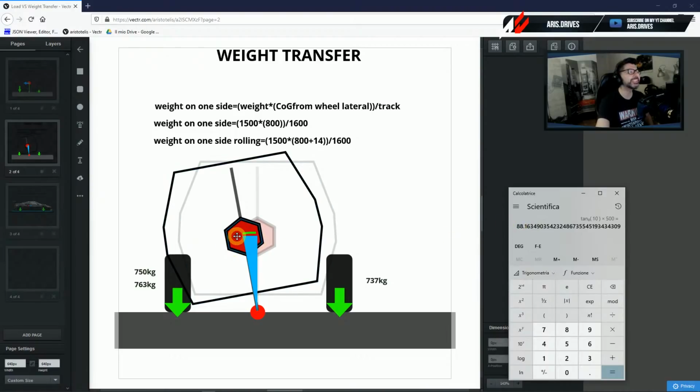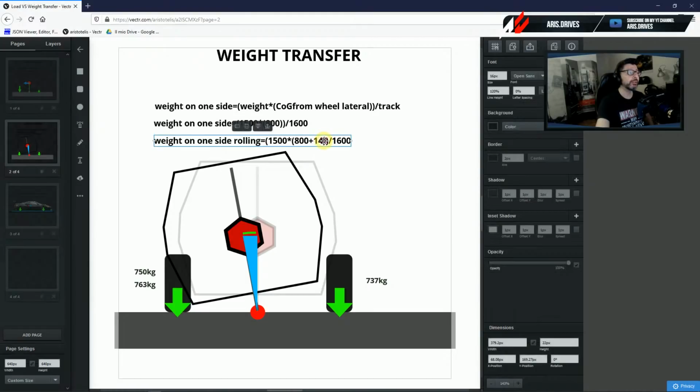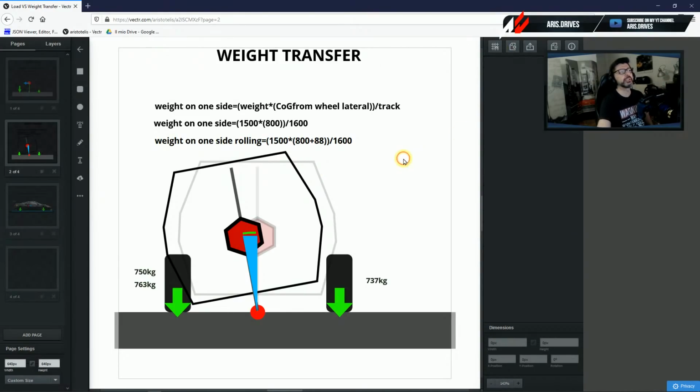We had 14 millimeters before, and now on a street car it becomes 88. Massive difference. So if you do all the calculations, you see that you have one person moving around when you are turning in a street car. But let's not go into that.